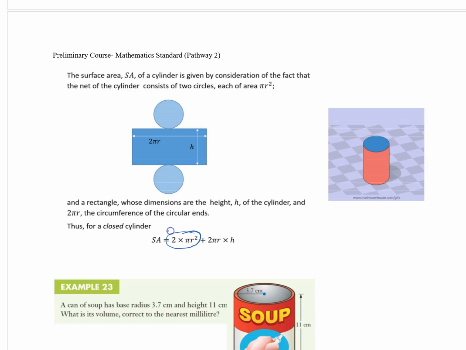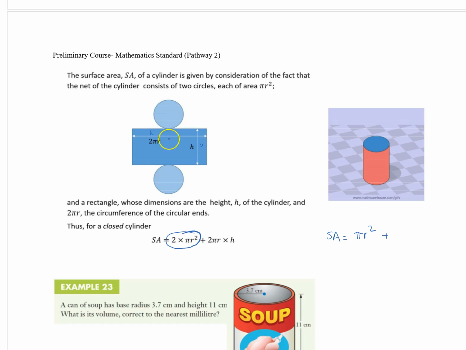This component is the area of your two circles, and we will see examples where we've got an open cylinder. That means one of the circles doesn't exist, and its surface area formula is just 1 pi r squared rather than 2. Still has the rectangular bit, and the area of that rectangular section is found by doing length times breadth.